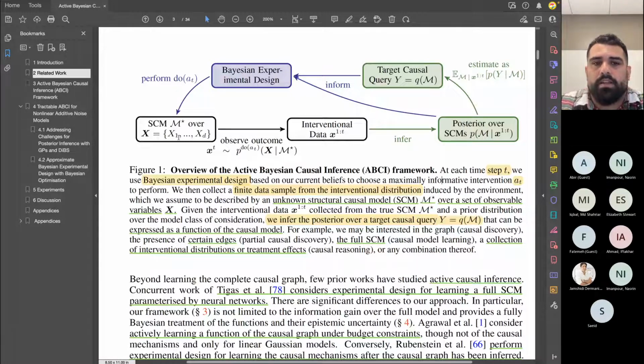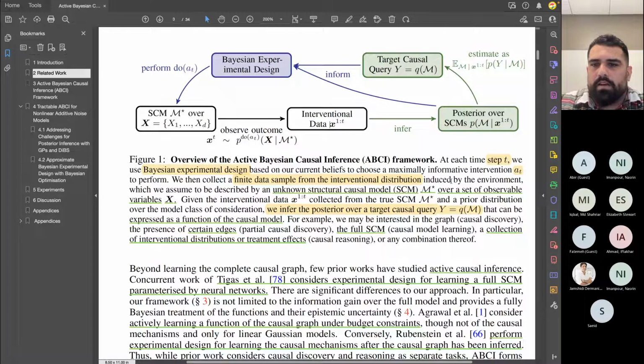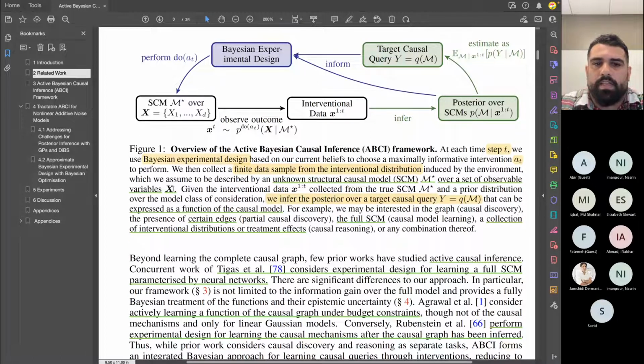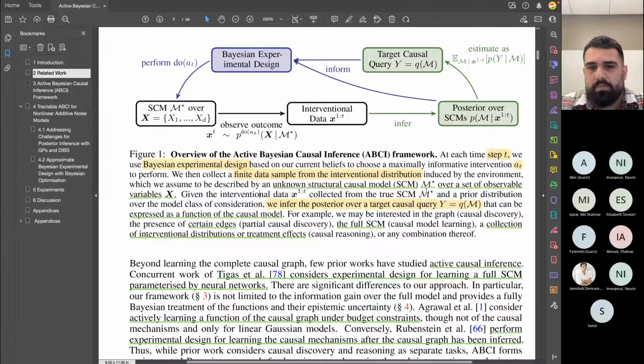The capital X's are basically the observational data that are present, and they want to perform an intervention on it, and based on that they obtain little x, which is their interventional data. So capital X is their observable variables, small x is their interventional data collected, and they pass that on based on that Bayesian framework.